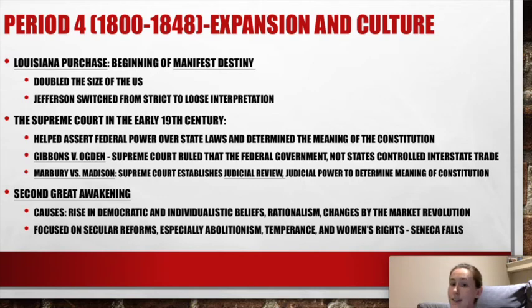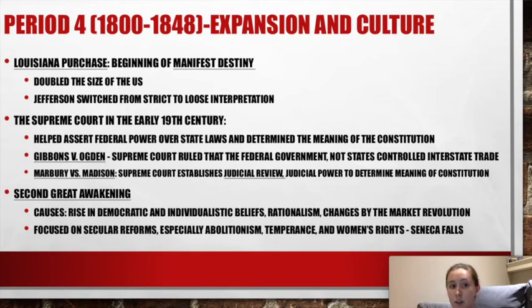That case is actually over interstate trade, but in the end, the courts basically say that federal power always trumps state government whenever we look at interstate commerce. So this is giving more power to the federal government.